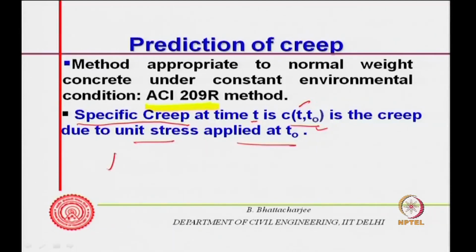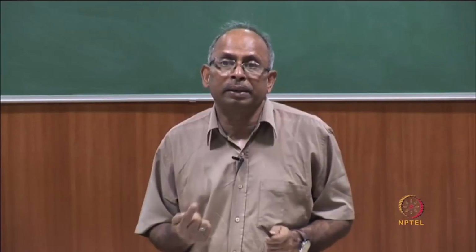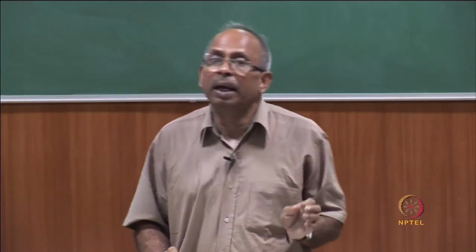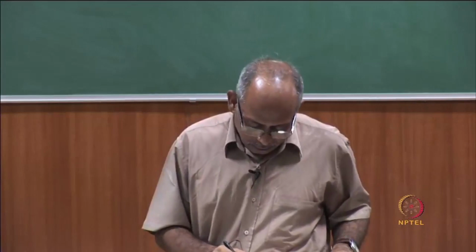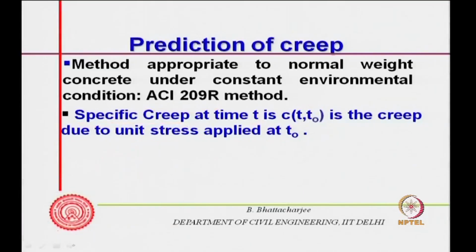So, if you apply sigma equal to 1, then the creep that you get at time t, with t0 the time when you applied the load, I call the specific creep. So, specific creep at any time is the creep at that time due to unit stress applied at t0.